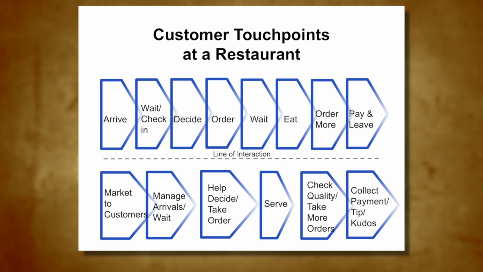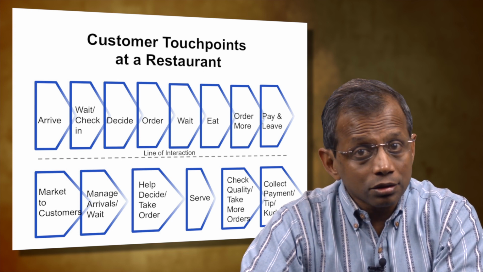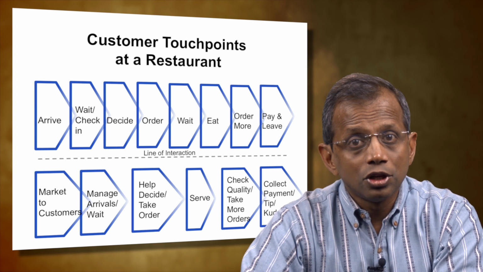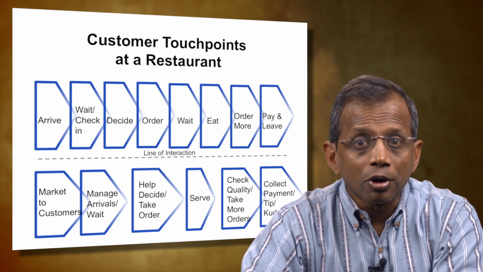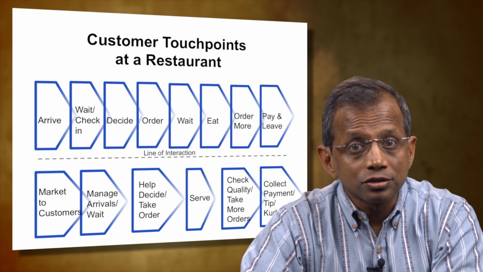Your journey as a customer involves many points of contact with the service professionals. These are called the touch points for the service facility. Like when you're seated, when you place an order, when you pay. All these are touch points. To understand a service, we need to map these touch points at the line of interaction between the customer and the frontline employees.